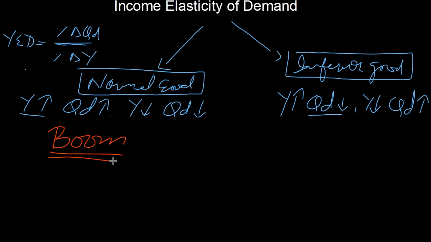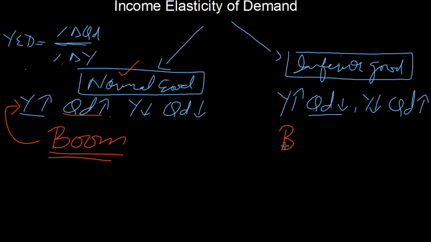Business should produce more quantities of normal goods, because during an economic boom the income of consumers increases, so they will purchase more quantity of normal goods. So an economic boom basically signals the producers to produce more quantities of normal goods.